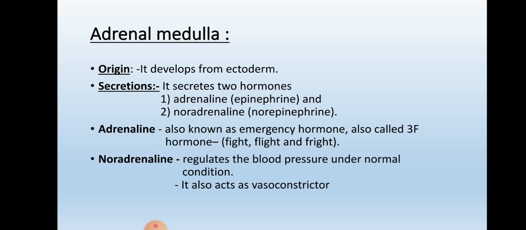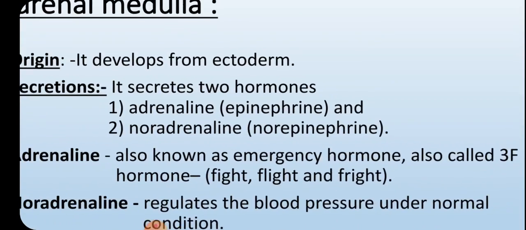Adrenaline is known as the emergency hormone, for fight, flight and fright. In case of sudden attacks, this hormone is secreted by the adrenal medulla. Noradrenaline regulates blood pressure under normal conditions. It is called a vasoconstrictor. These two are the hormones of the adrenal medulla.